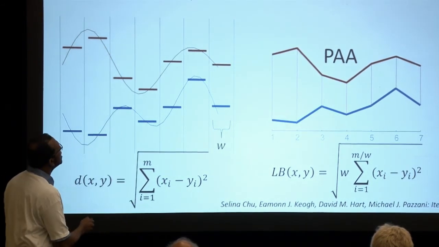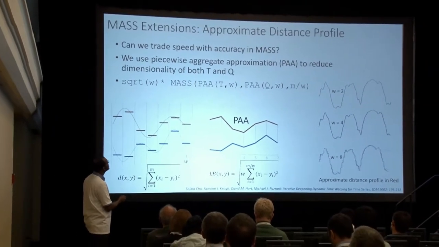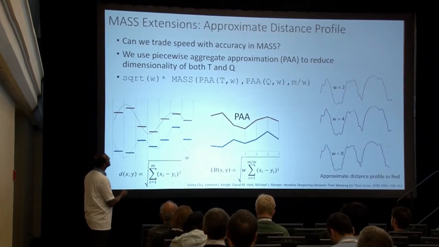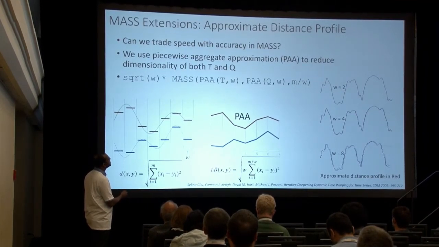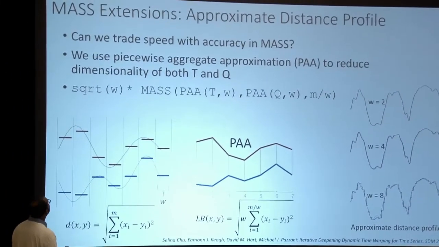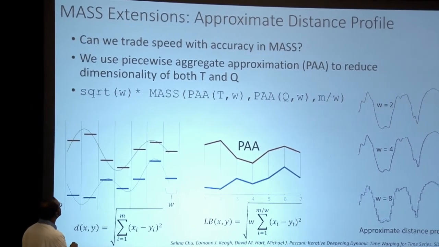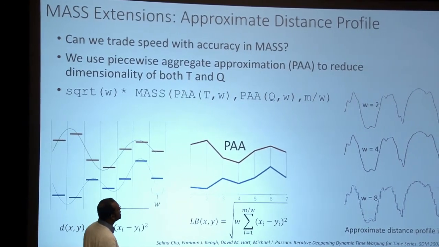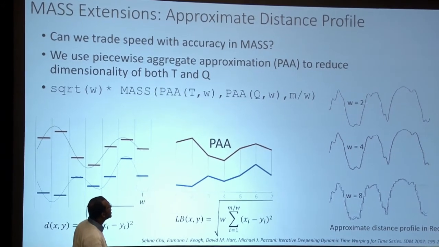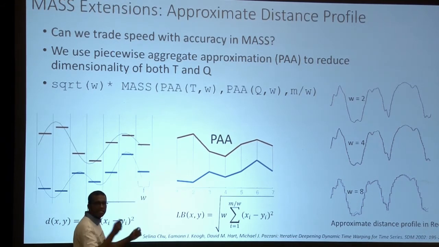Instead of doing MASS on T and Q, I'm going to apply the piecewise aggregate approximation to T with a window length w, apply PAA to Q with a window length w, and use m over w as the input subsequence length. After MASS produces the distance profile, I'm going to use the square root of w as a factor. If you use, say, w equals 2, then your red and blue distance profiles are very identical. Red is the approximate one.